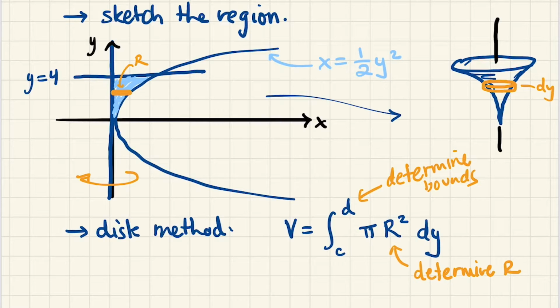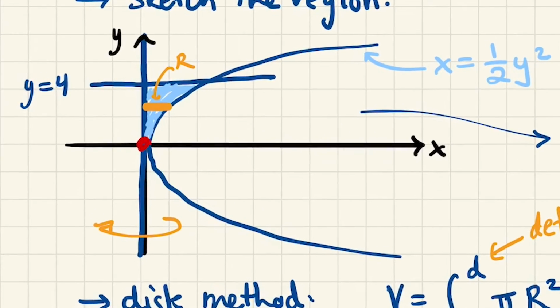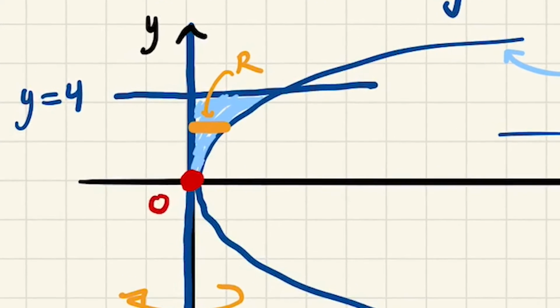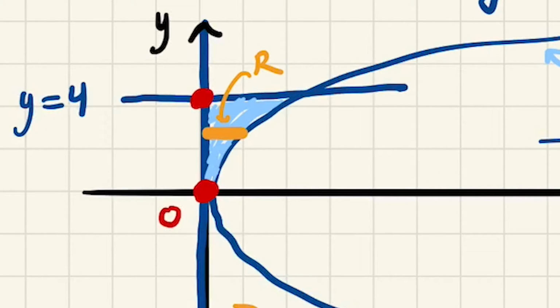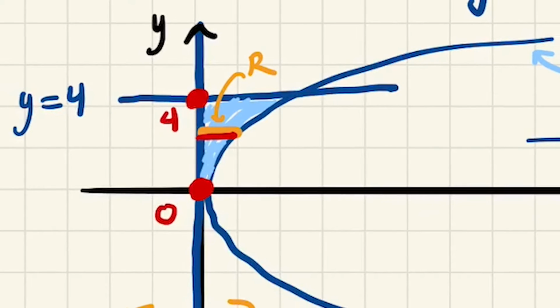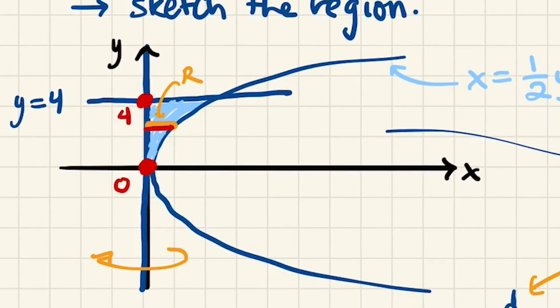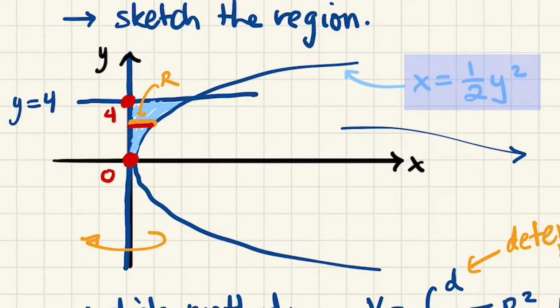Well, if we look at our graph, we can see that c is probably 0, and we can see that d, the upper limit of our integral, is of course 4 because of the line y equals 4. So our integral is just going to run from 0 to 4. And our horizontal length here, which is the radius, is just that x coordinate, which is 1/2 y squared.